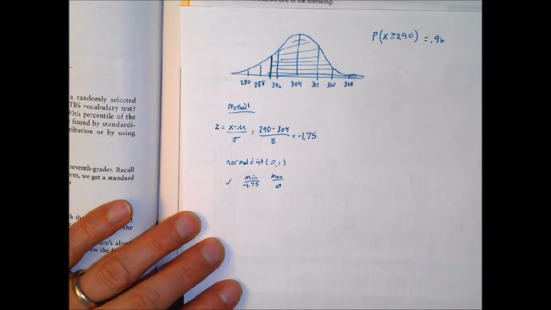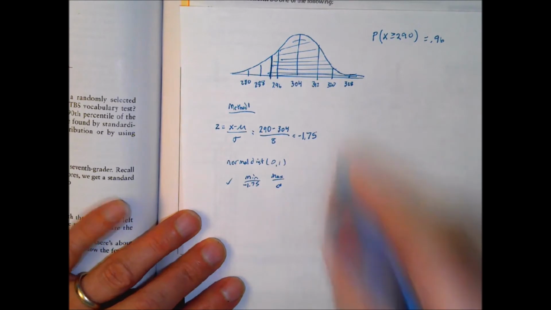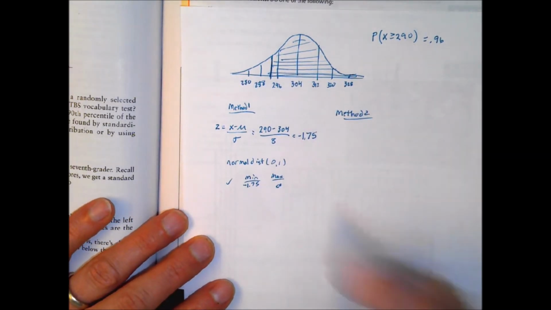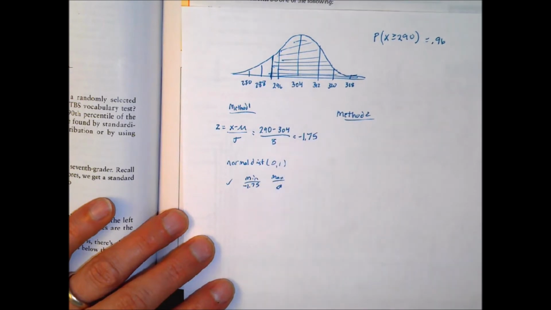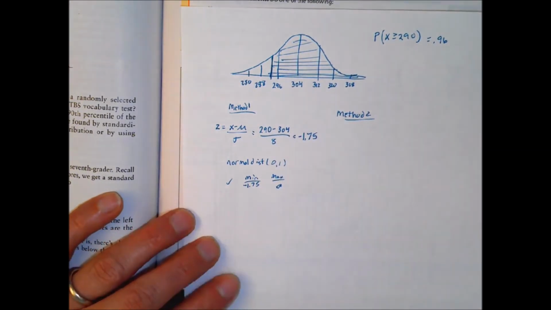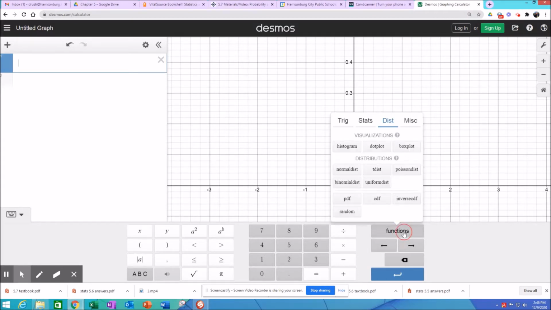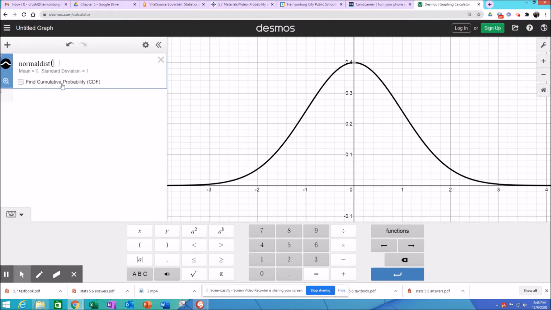Now I'm going to show you method number 2 in Desmos, where we don't change it to a z-score first. I'm going to stop this video, go to Desmos, and pop that in here. We still do the same thing. We go here to normal distribution, except instead of using a mean of 0 and a standard deviation of 1, we're actually going to put these numbers in.